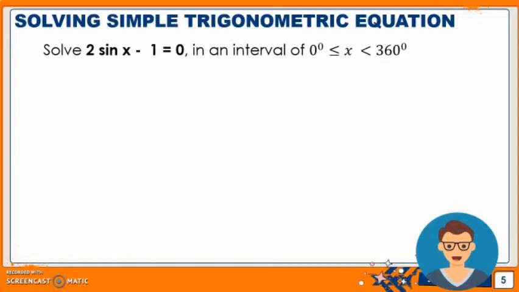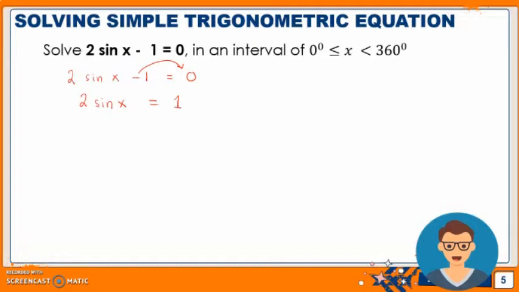Let's try to write first our original equation, that is 2 sine x minus 1 is equal to 0. Next, you may isolate the 2 sine x to the other side while transposing negative 1 to the other side, or that is addition property of equality. So that is 2 sine x is equal to 1.